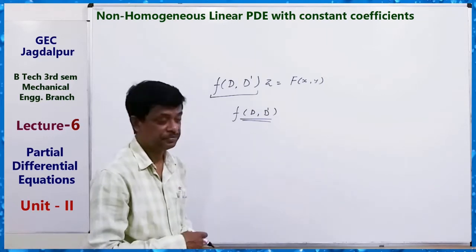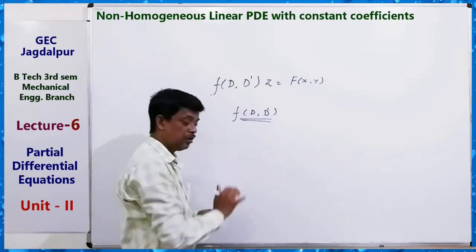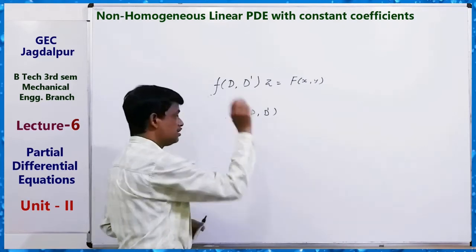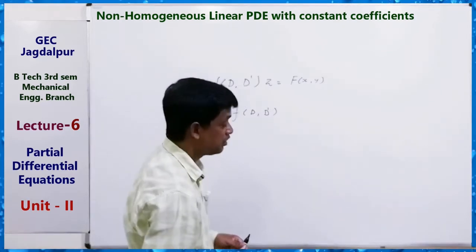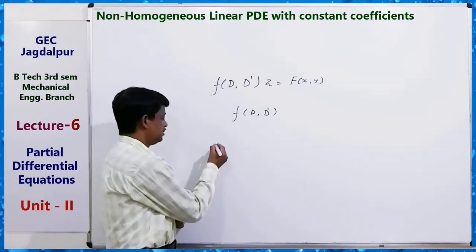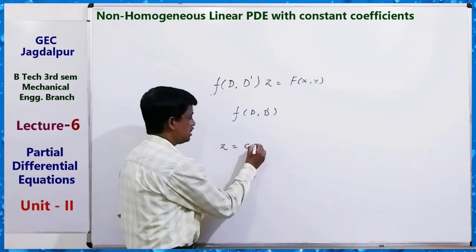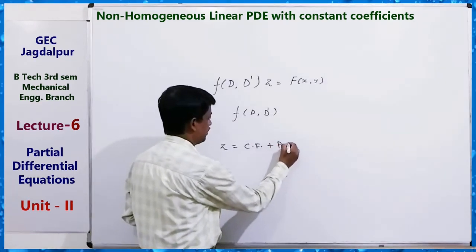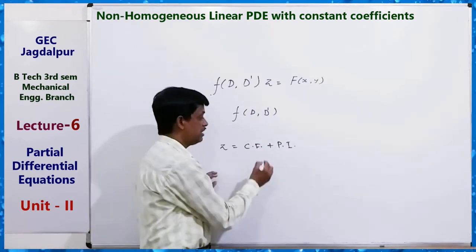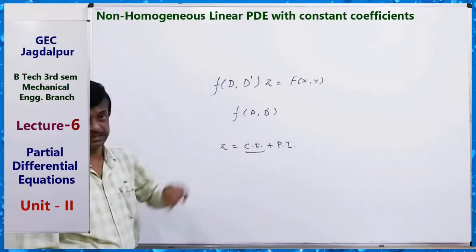How can you solve it? If this is a non-homogeneous linear partial differential equation, that means this is not homogeneous. Then the solution can be found by z equals CF plus PI as the same, but the method of finding CF is different for this.